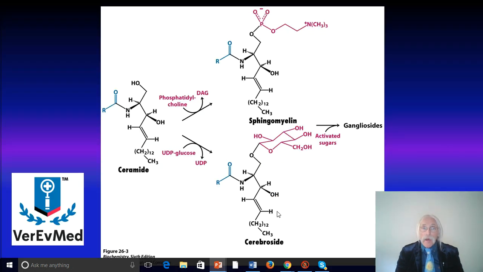In the biosynthetic pathway, you have ceramide here, and I want to just point out a little bit of the structural features of this really interesting lipid. I find it to be a really cool lipid. It's quite hydrophobic, and ceramide itself has a lot of interesting biological aspects and features. Ceramide itself is an important signaling molecule, and I talked about it in one of my previous VerEvMed lectures when I was talking about apoptosis.